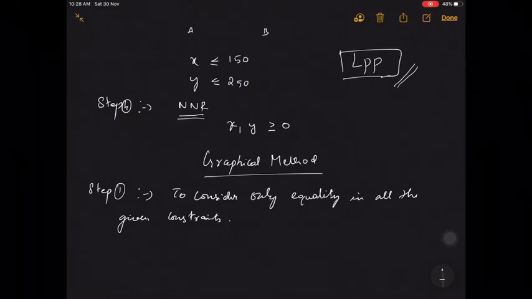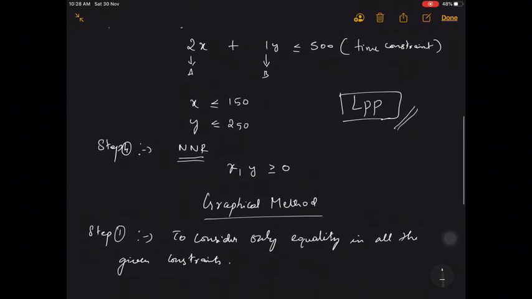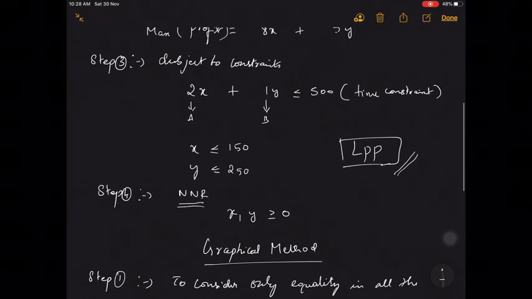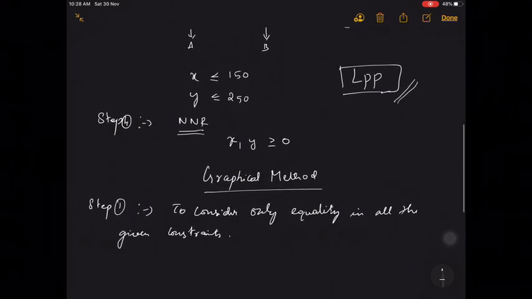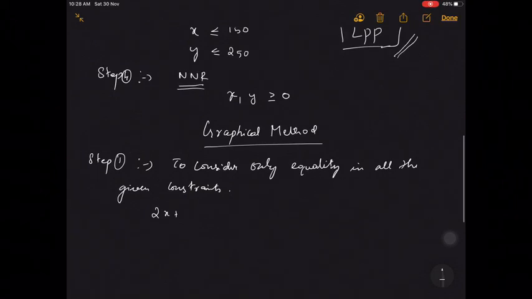So we will list out the constraints one by one, and we'll consider only the equality. We'll neglect the less than or greater than symbols. Now which is the first constraint? First constraint is 2x plus y is less than or equal to 500.